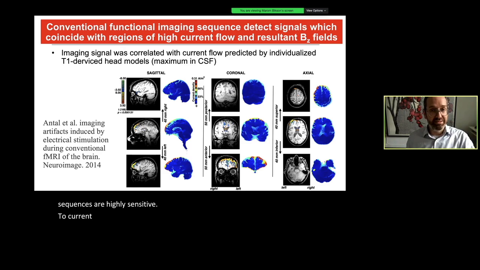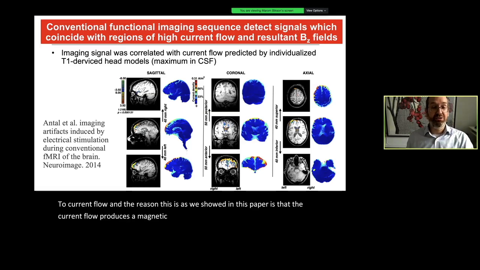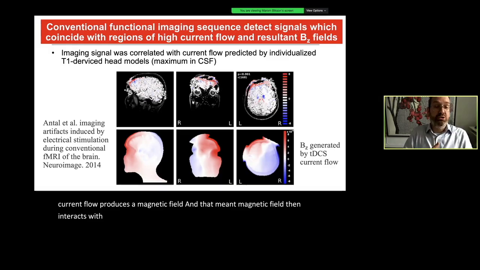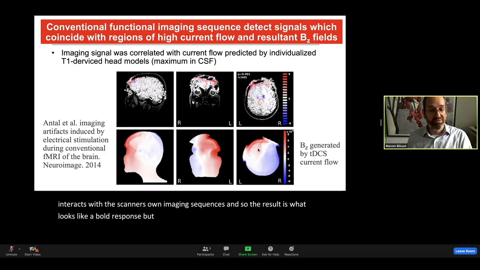And the reason for this, as we showed in this paper, is that the current flow produces a magnetic field, and that magnetic field then interacts with the scanner's own imaging sequences. And so the result is what looks like a BOLD response, but is actually a signal artifact.